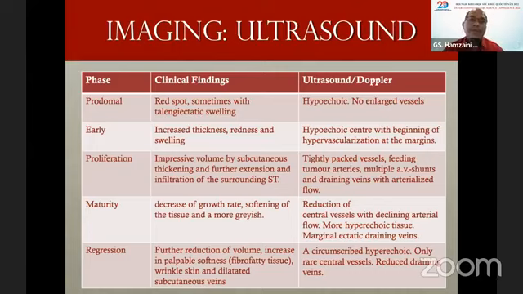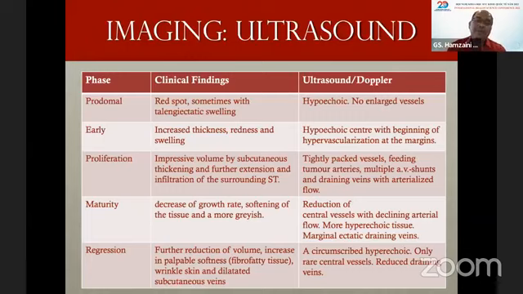So prodromal, usually you see a red dot, so maybe we thought this is a mosquito bite. And if you do ultrasound, you don't see anything significant. And in early, you'll see increased thickness, redness, and swelling. If you do ultrasound, you probably see a hypoechoic center with beginning of hypervascularization at the margin.